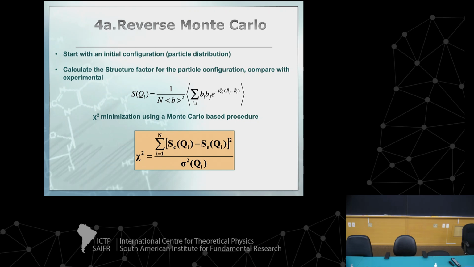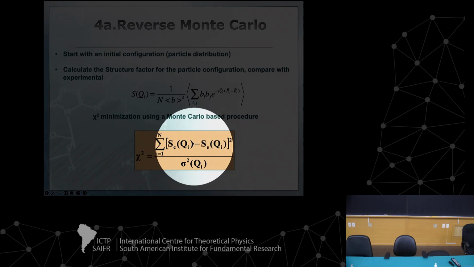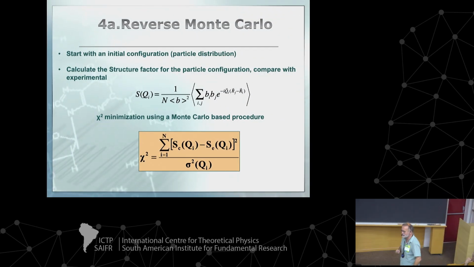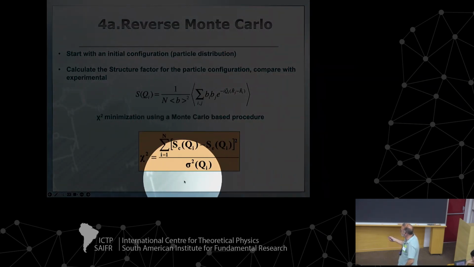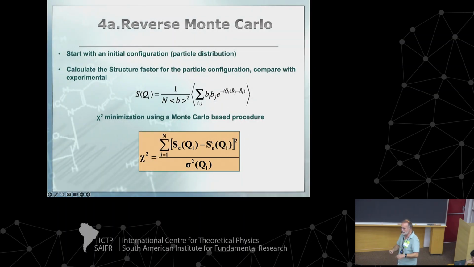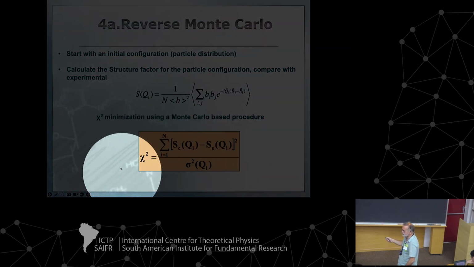And with these point particles, we calculate the corresponding structure factor. Okay? This sigma square here is the uncertainty in the experimental structure factor that you can estimate from your experiments. And you have this chi-square objective function.